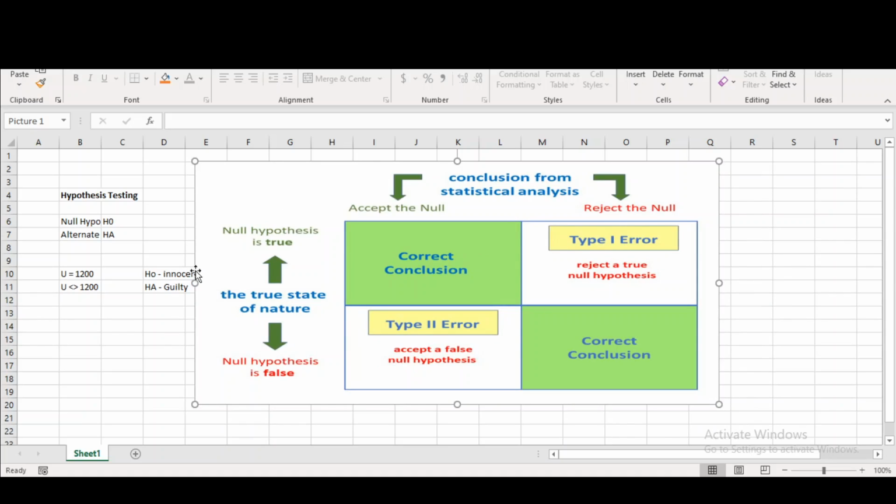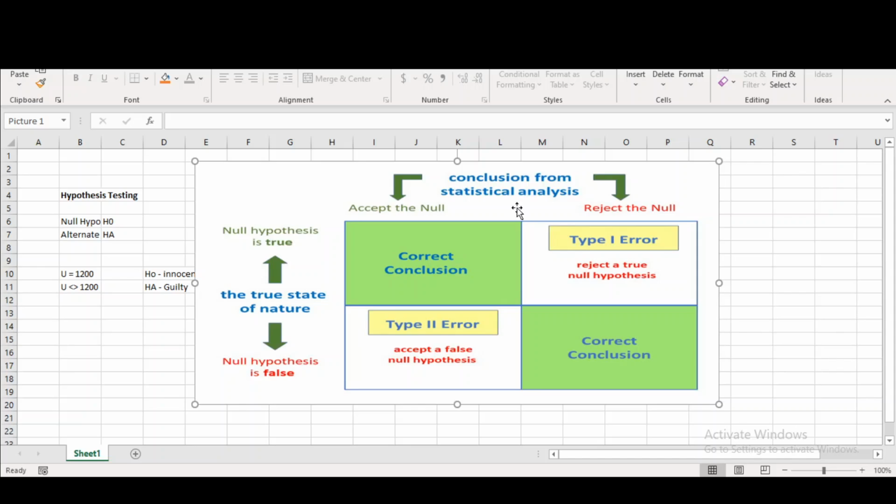So the first box is he pays the loan, the second box is he is not able to pay. For that we are doing hypothesis testing, a statistical analysis.